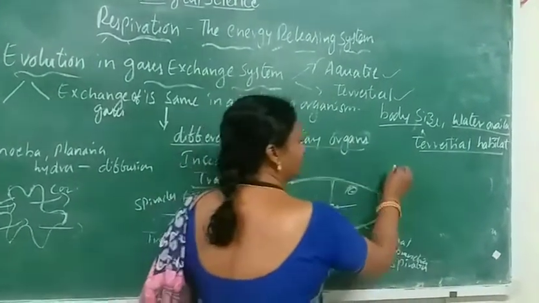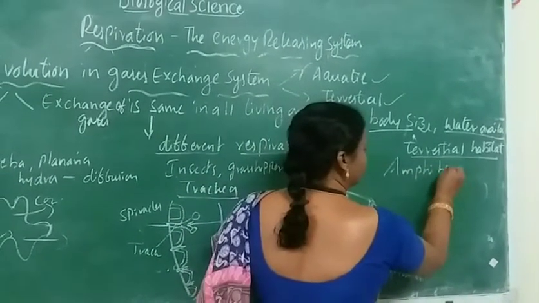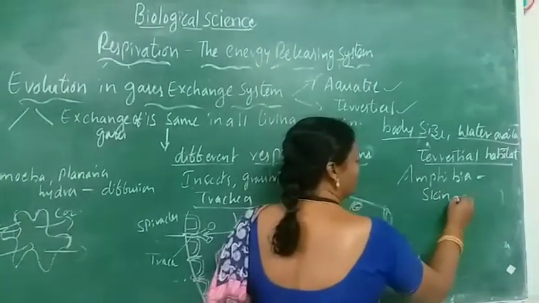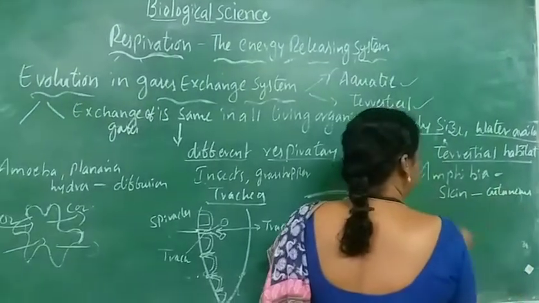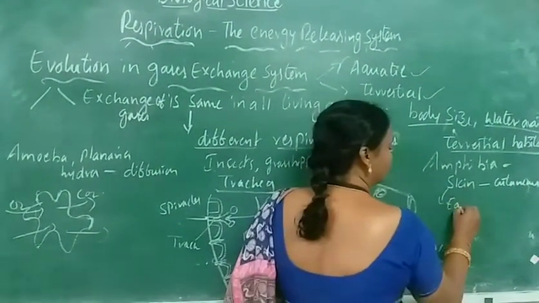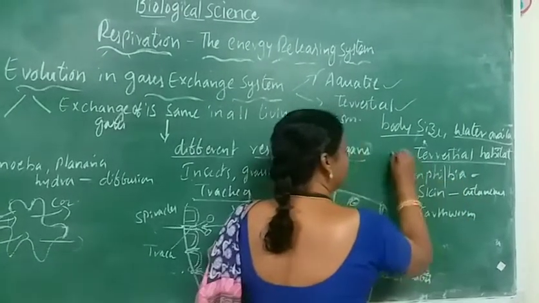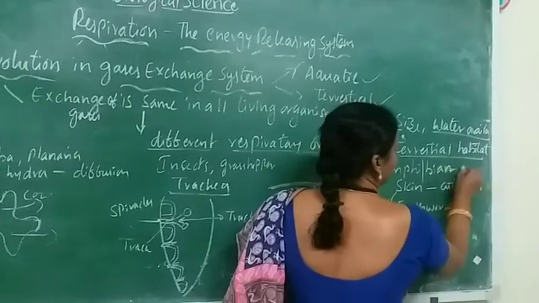Next, in amphibians like frog and salamander, respiration occurs through the skin. We call it cutaneous respiration. Respiration through the skin is also observed in the earthworm. Amphi means both, bios means life.